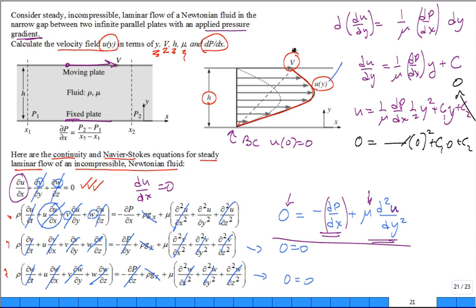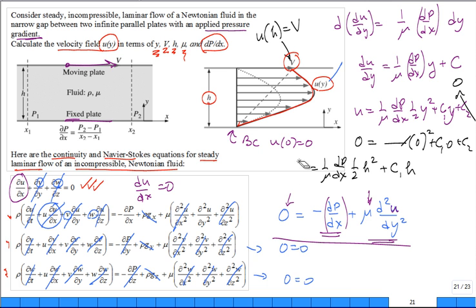Then the second boundary condition is U at H is equal to cap V. True? And so with the second boundary condition, we get u is equal to 1 over mu dp dx times 1/2 h squared plus C1 h.